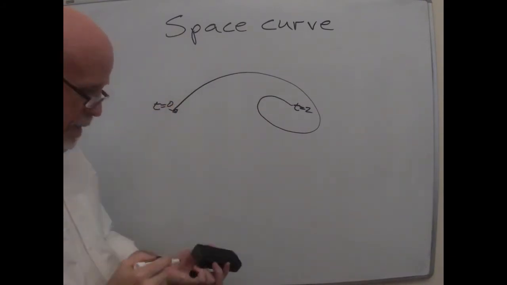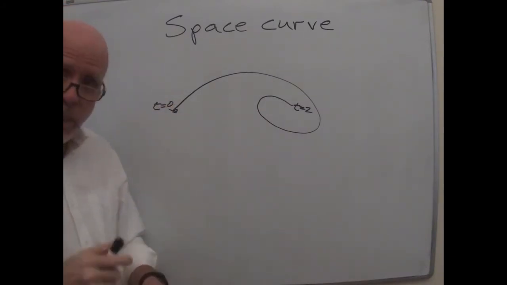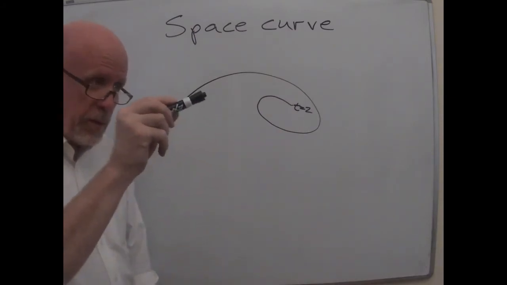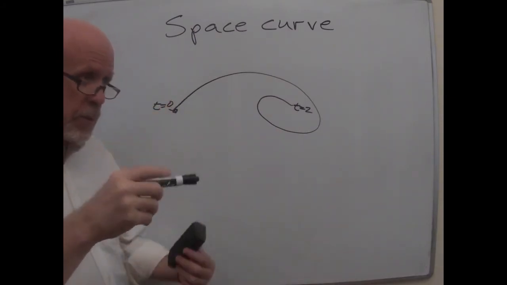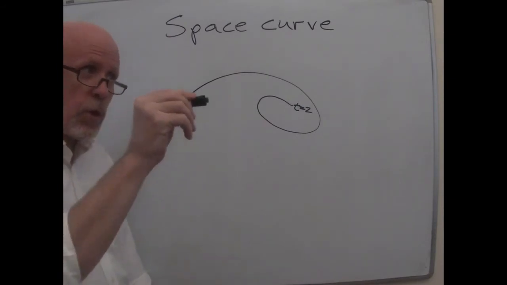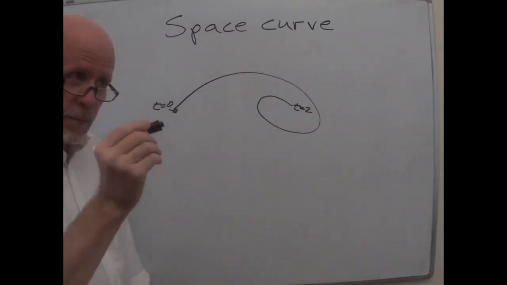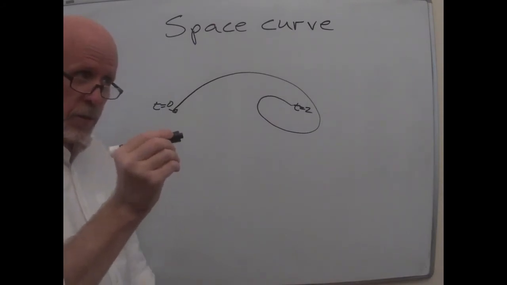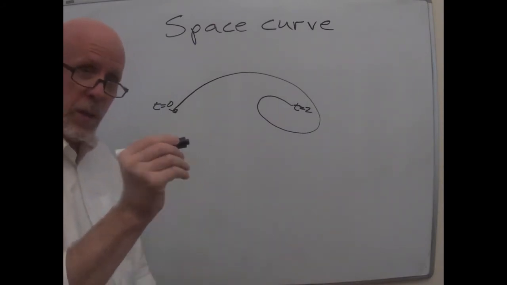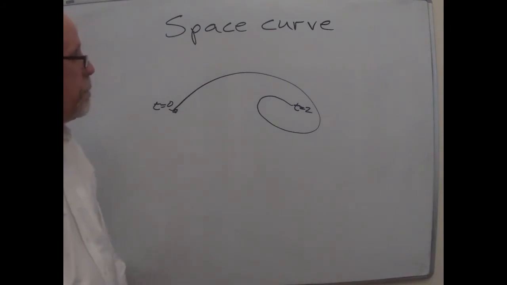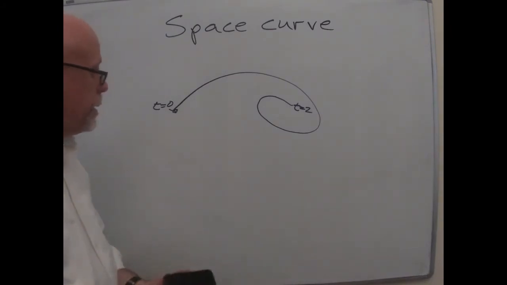And I can't really draw in space, but you can imagine it. Probably you could do something with augmented reality where I could leave a little glowing trace behind as I traced something in space. My position is a function of how long I've been drawing, or what the time is as I do something like that.